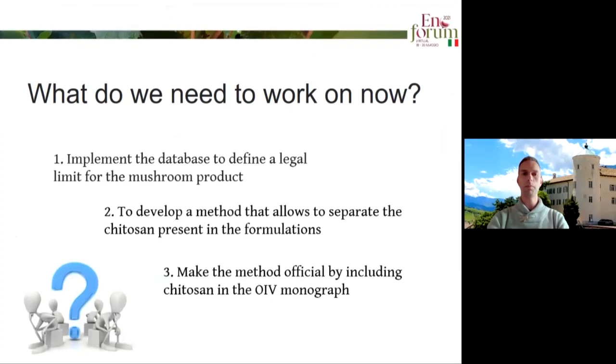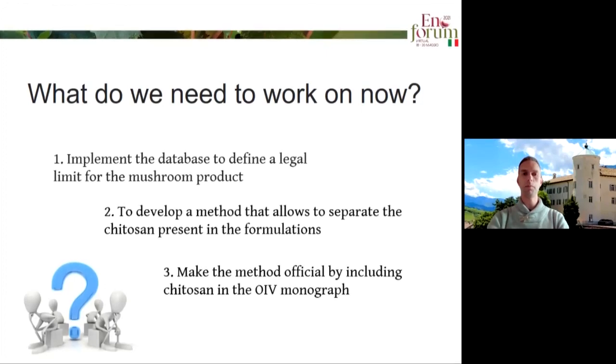What do we still need to work on in the future? What remains to be done? Well, we certainly have to implement the database, meaning the number of samples, so that we can define a legal limit for the fungal product.